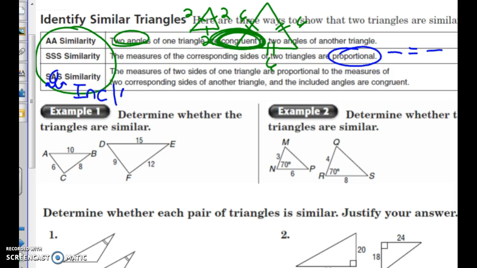Included. Y'all rush. Okay, included. Are you with me? Remember I was talking about the included side, or the included angle? It's the one that's between it.